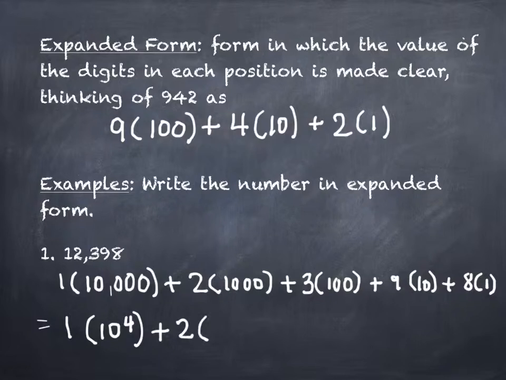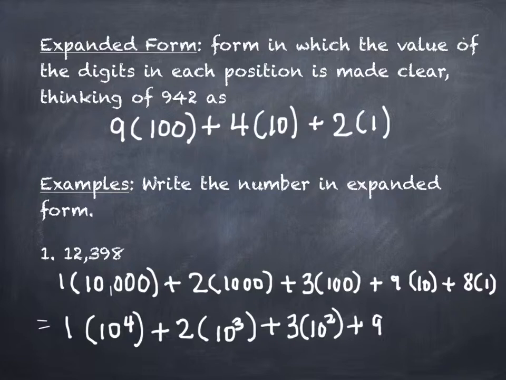How about 1,000? 3 zeros, right? 10 cubed. And 100? 10 squared. 10? 10 to the 1, right? There's 1 zero, 10 to the 1.